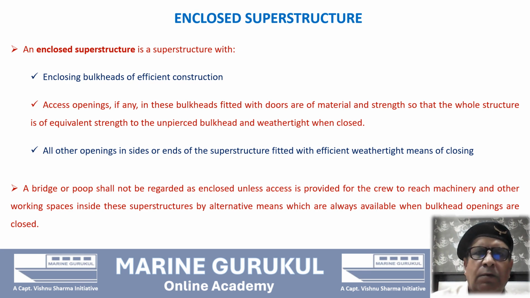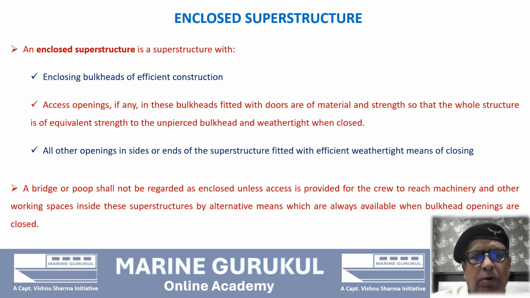So, for a superstructure to be enclosed, firstly it should be a superstructure. Second, it should be enclosed by bulkheads of efficient construction. If access is to be provided through the bulkheads, they must be fitted with weathertight doors of adequate strength so that when the doors are closed, the full bulkhead retains the same strength as if it was unpierced. All other openings on those bulkheads should have weathertight means of closing.